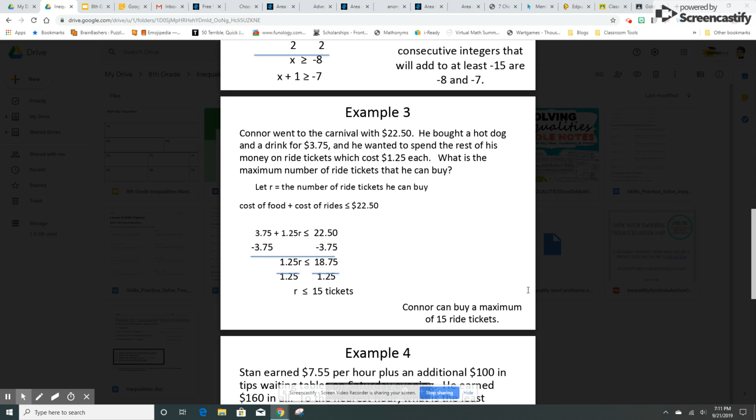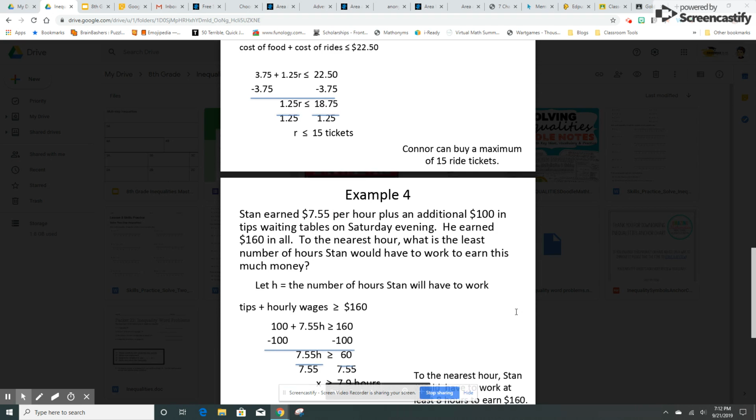So we're going to set our inequality up as 3.75 plus 1.25r, or x, whatever variable you want to use, and we go ahead and solve that. So notice this answer is written as Connor can buy a maximum of 15 ride tickets.